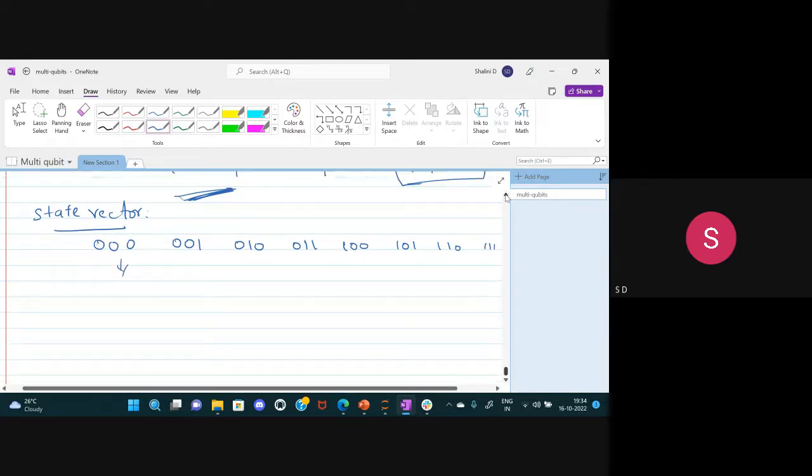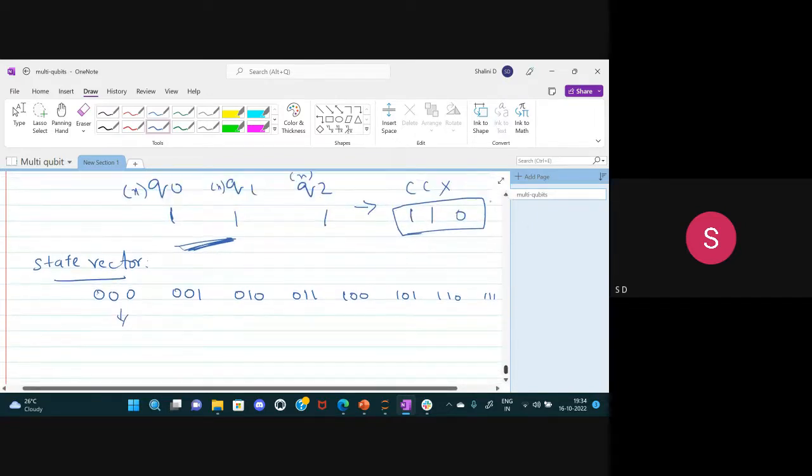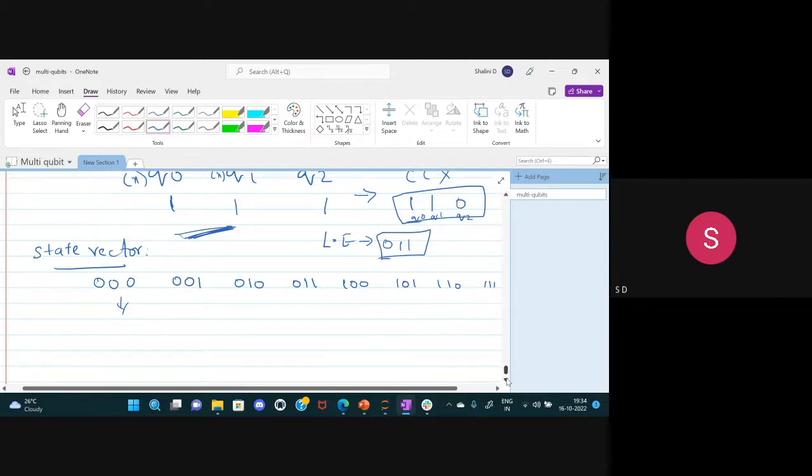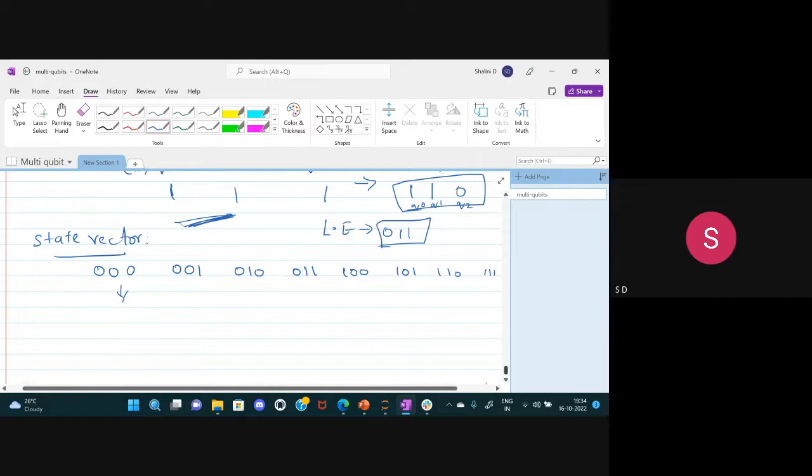Another important thing: we have got 110, but what is the little endian system? This is Q0 Q1 Q2, it will reverse. So what will it be? 0 1 1. We should not forget this, otherwise we will get a wrong answer if you attend any exam. Always remember, Qiskit always works in little endian.